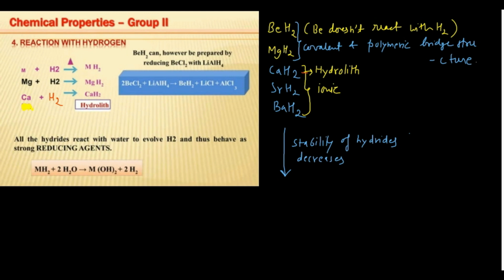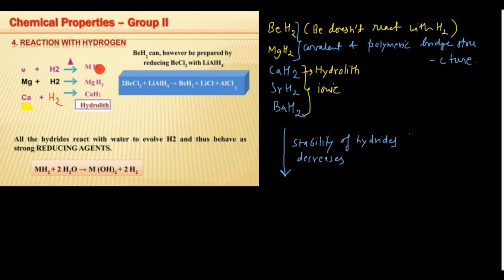Okay, this is another very important thing. Beryllium hydride, BeH2, can however be prepared by reducing beryllium chloride with lithium aluminum hydride. It's a very strong reducing agent. Why does this happen? Because beryllium, due to its smaller size, is quite unreactive towards hydrogen also. So if you try to heat beryllium with hydrogen to get beryllium hydride, the reaction is not possible.